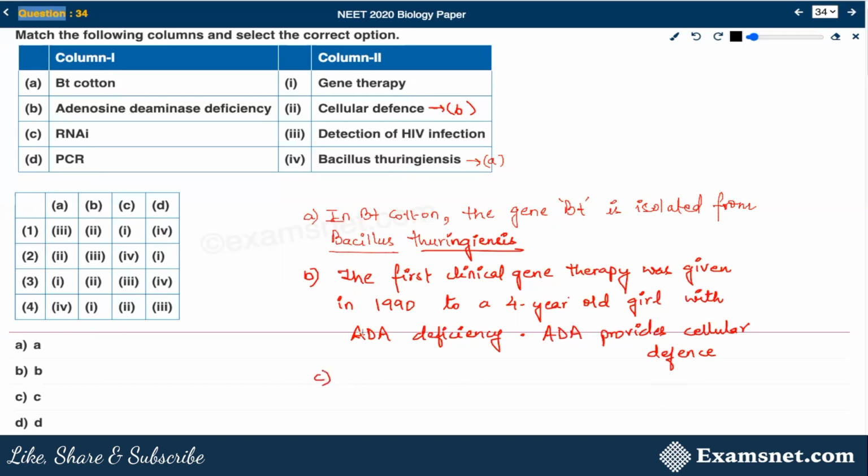Now, option C says RNAi. RNAi basically stands for RNA interference, you can say. So here there is a confusion between the options actually. Just a moment.